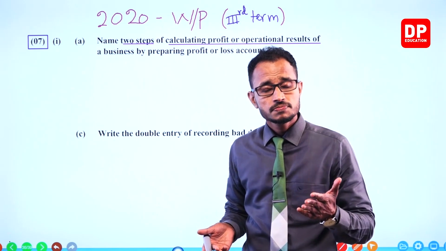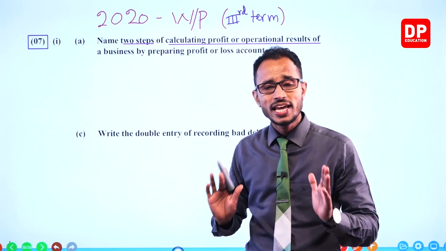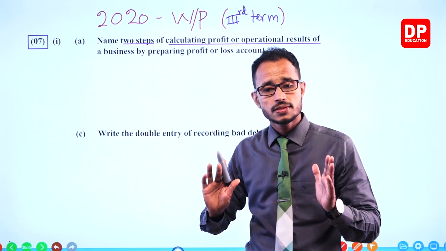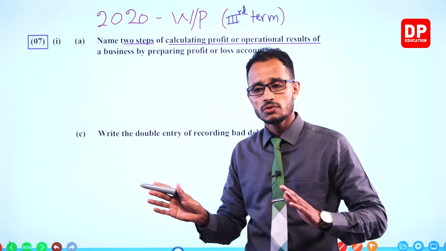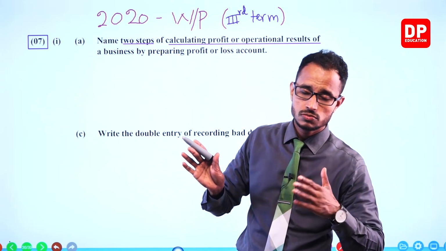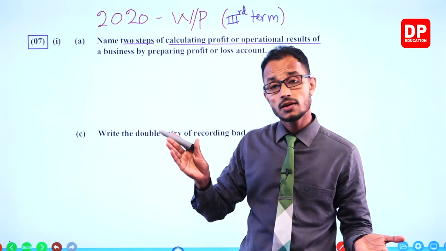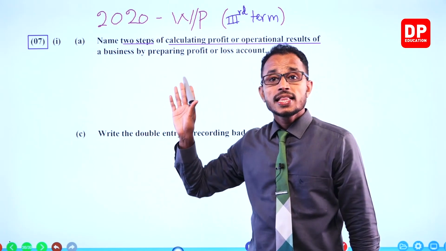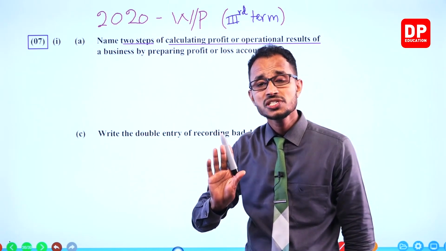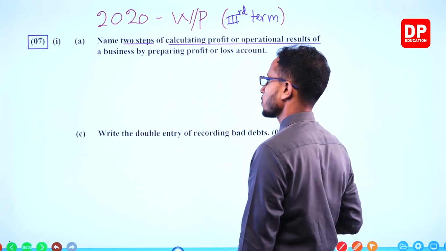Whatever it is, when you calculate the profit or losses of a business, that is called the operational result.